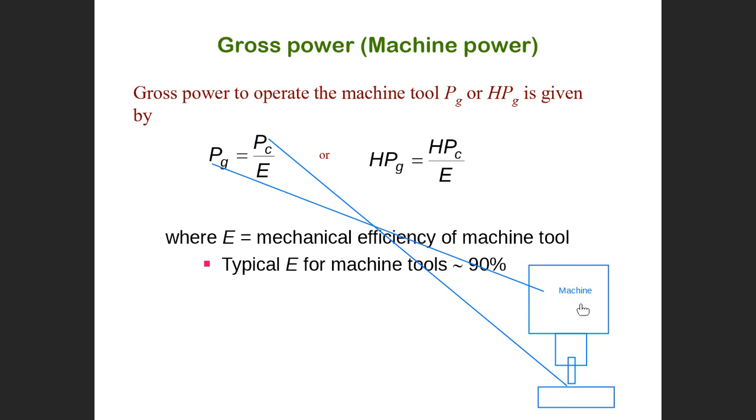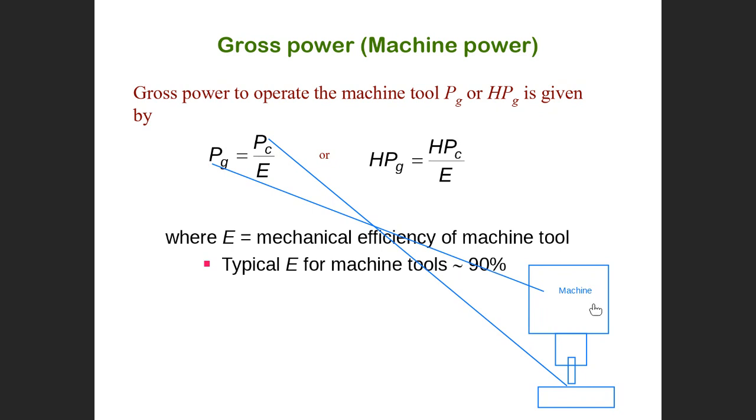Definitely the machine power must be bigger than the power needed in the cutting. For example, if you need 1 kilowatt to cut this material, then the machine power must be bigger than 1 kilowatt. Why? Because of the machine efficiency.